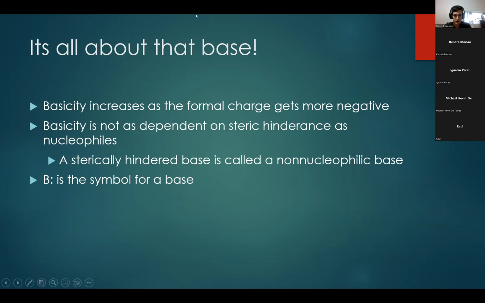A good example of that is this, which is tert-butoxide, and it is going to be a very strong sterically hindered base that, because of the steric hindrance, makes it non-nucleophilic. Okay. Any questions?